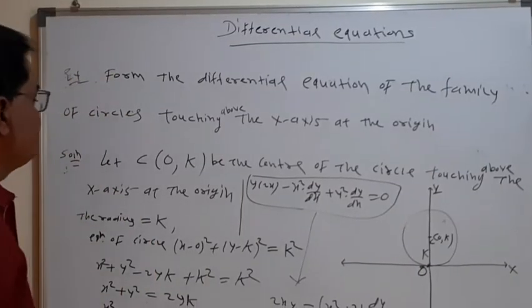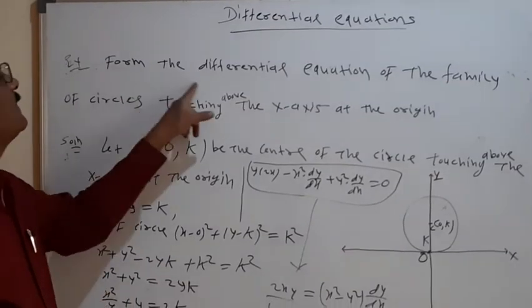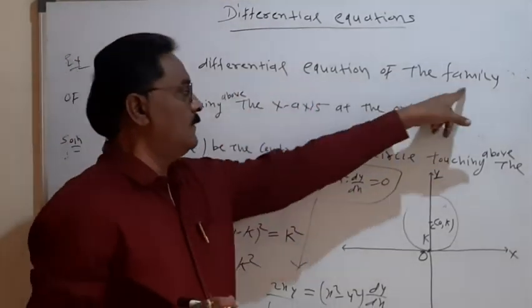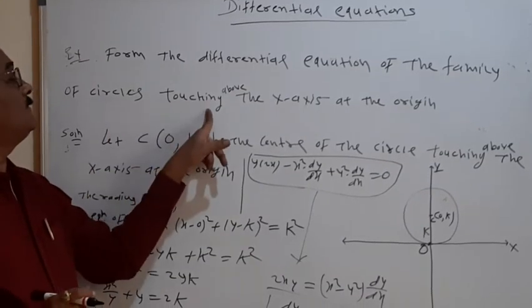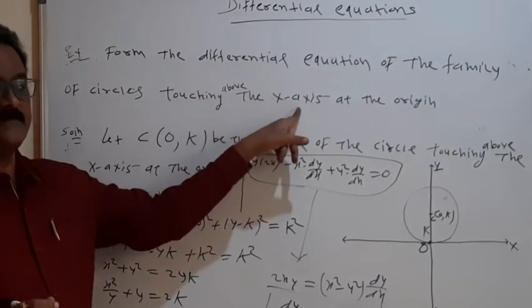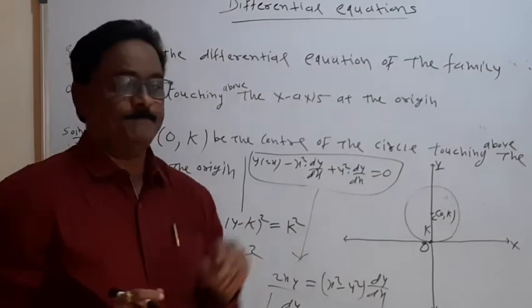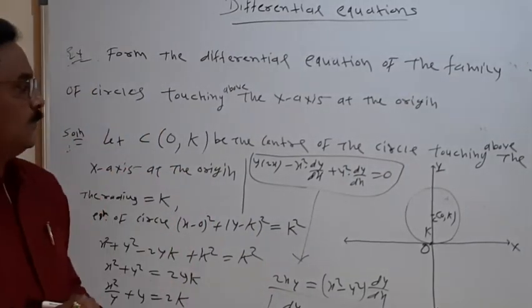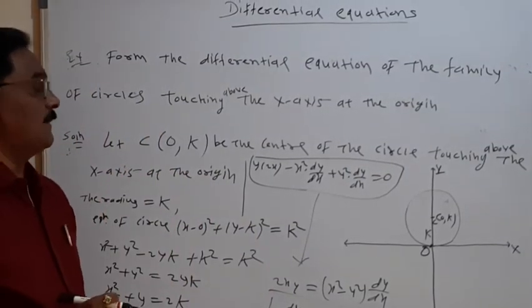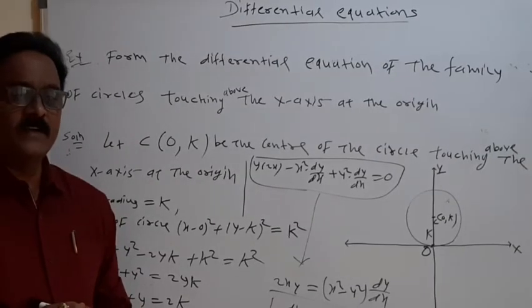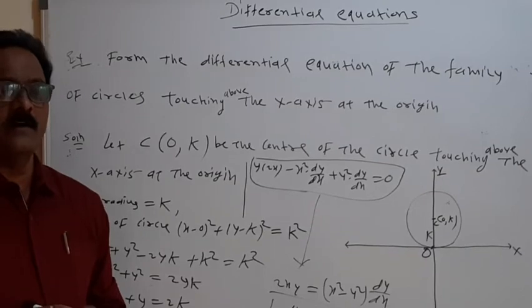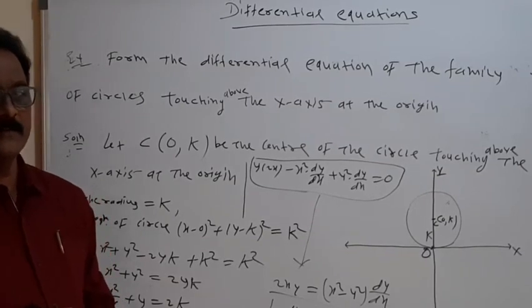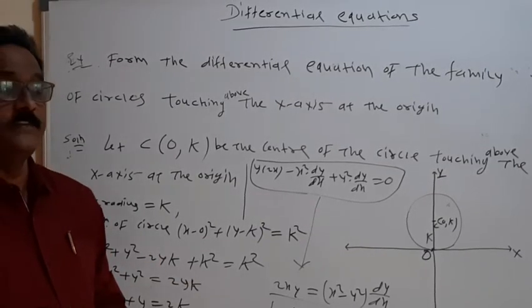Another example: form the differential equation of the family of circles touching the x-axis at the origin, above the x-axis. We know the standard equation of a circle is x square plus y square is equal to r square, where r is the radius of the circle and the center is the origin.